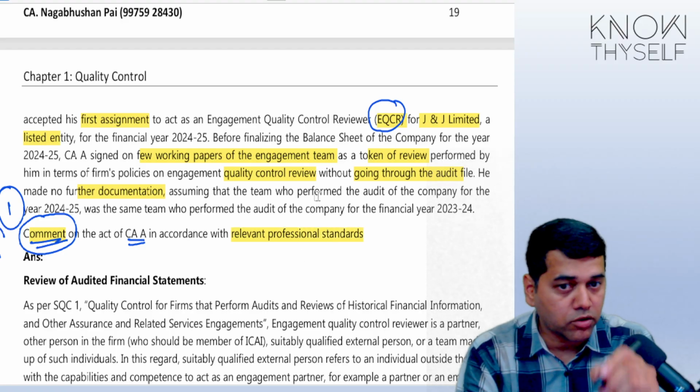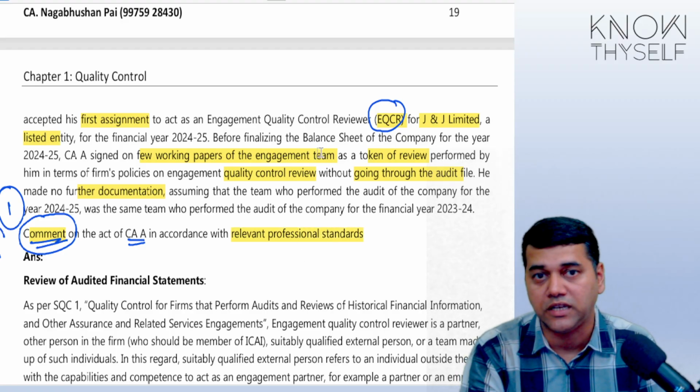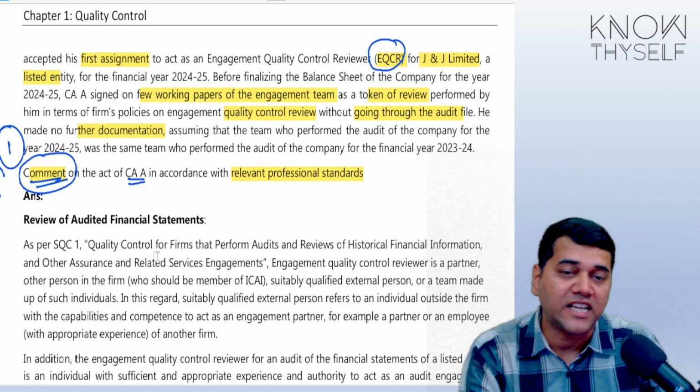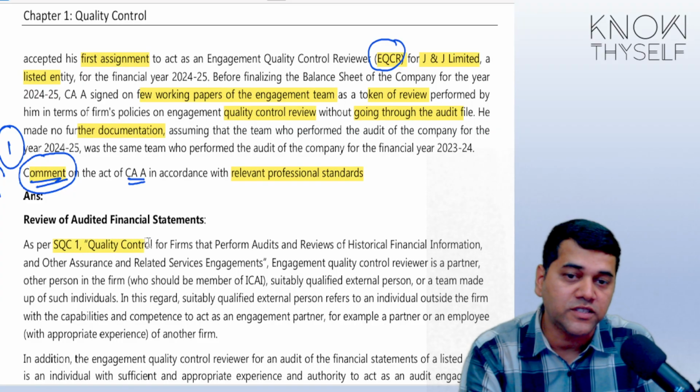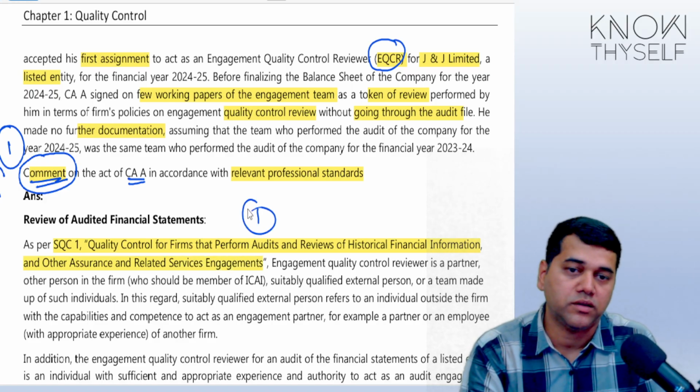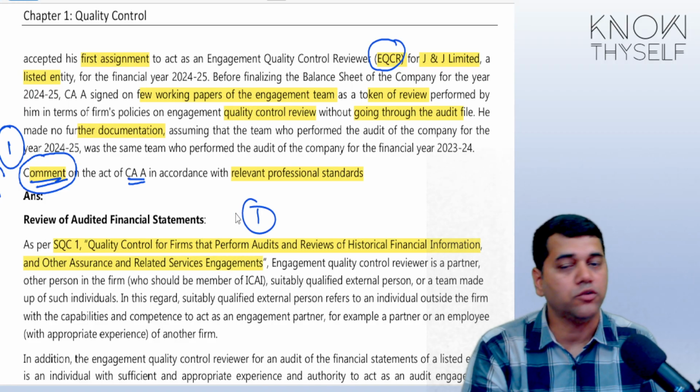See, have you come across this word in any of the questions till now? Never. But in this question, since they said as per the relevant professional standard, your quoting of this particular component is going to fetch you 1 mark. Yeah, you have to keep in mind.